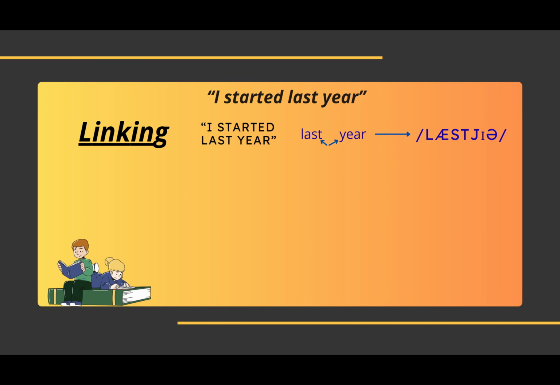Then another type of connected speech we can find in the dialogue are contractions. Now, this type of connected speech is very common in English, right? So basically it is when an expression or any other word is contracted, right? And here we have some examples that appear in the dialogue.